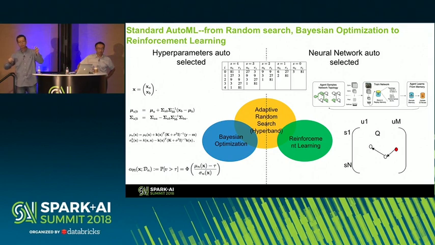For example, linking the convolutional layer with 3 kernel size with the pooling layer with 2 kernel size. This is the action. After defining the actions and the states, we can use Q-learning to select the model automatically. This is what we call standard AutoML, and we have implemented it in our platform.